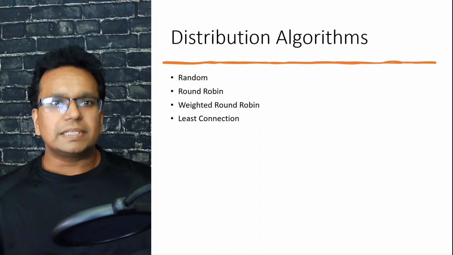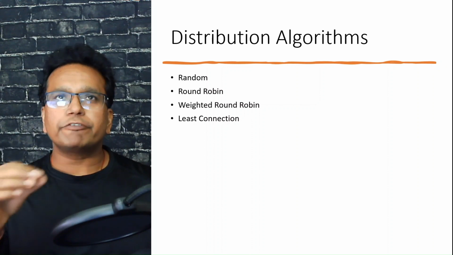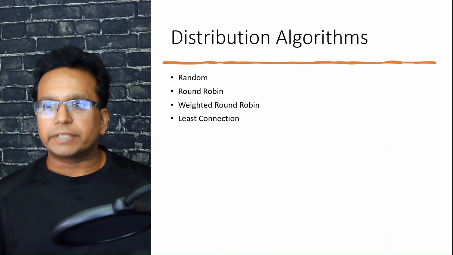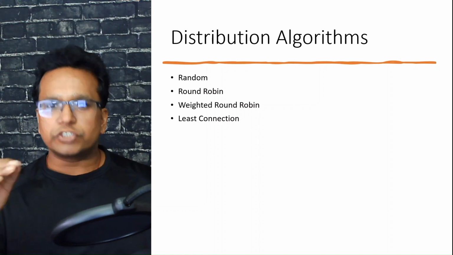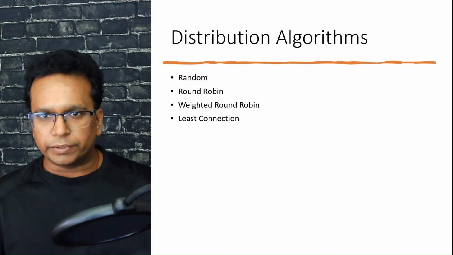The next one is least connection. This algorithm routes a request to the server with the fewest active connections at the time of the request. This ensures that requests are distributed to the server with the least current load.